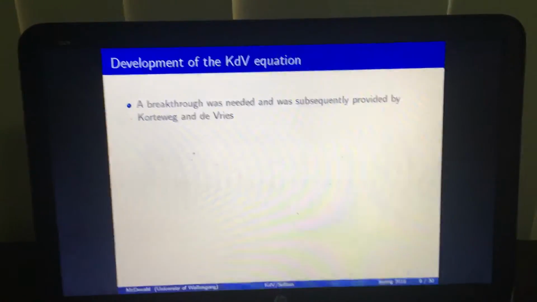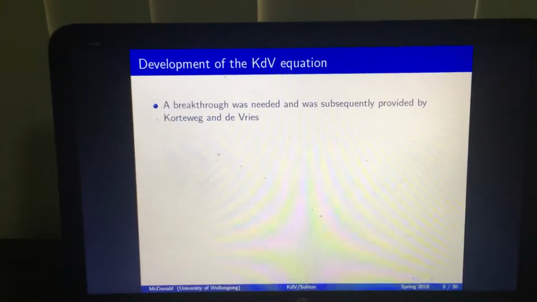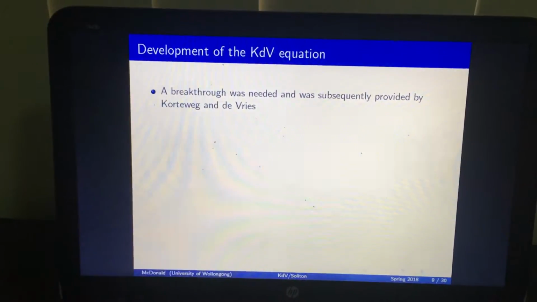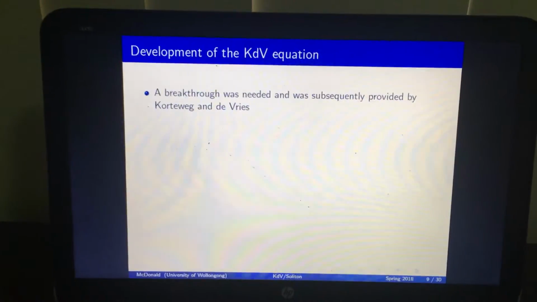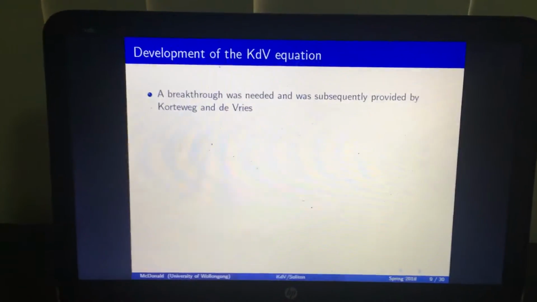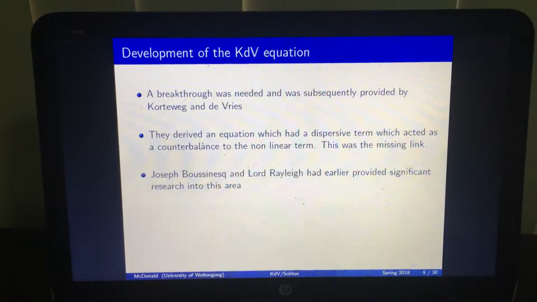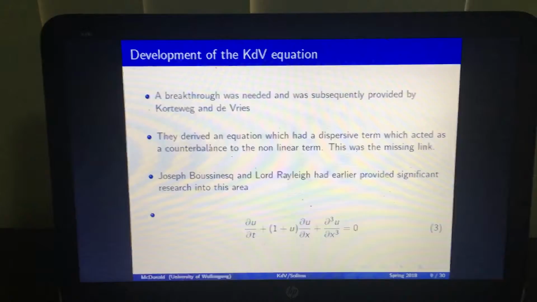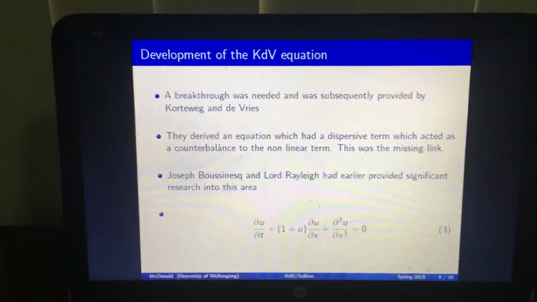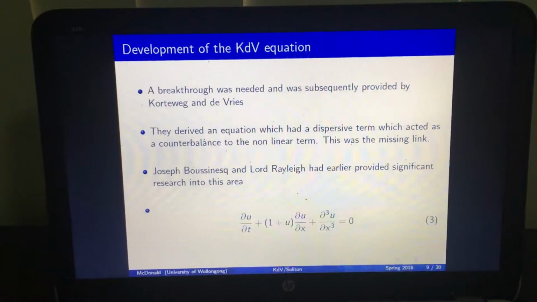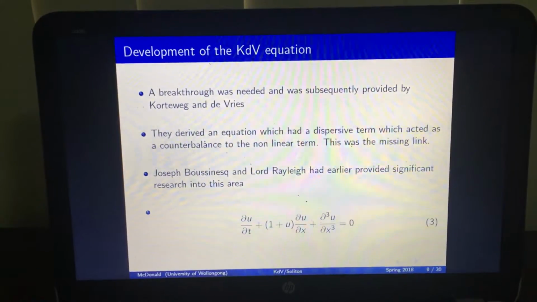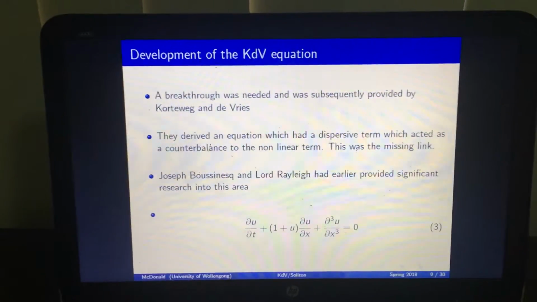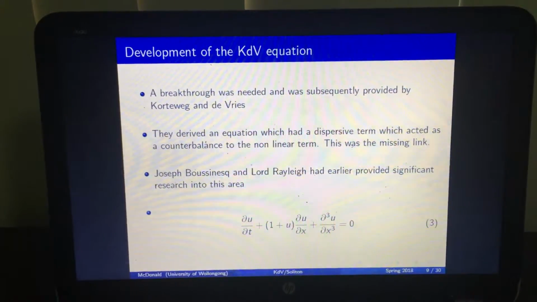So there was a bit of a deadlock and a clash of ideas, and some sort of breakthrough was needed, and it was provided by Korteweg and de Vries. So what they did was derive equation number 3 here, which has a dispersive term, which acted as a counterbalance to the nonlinear term.